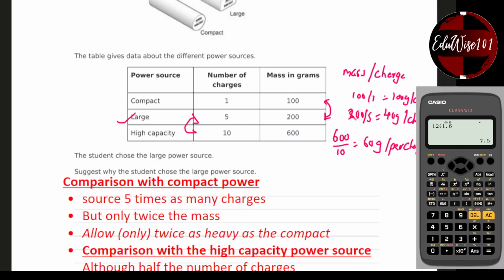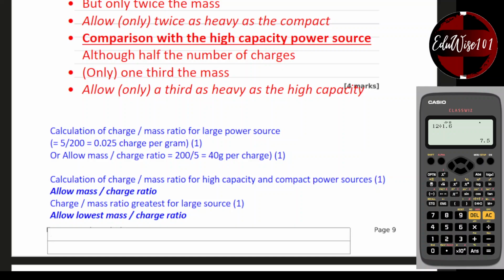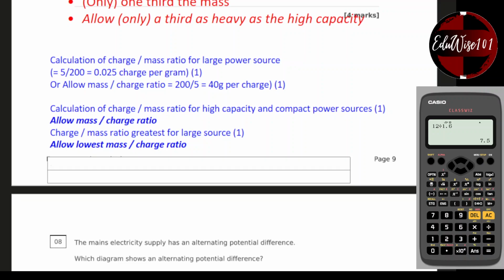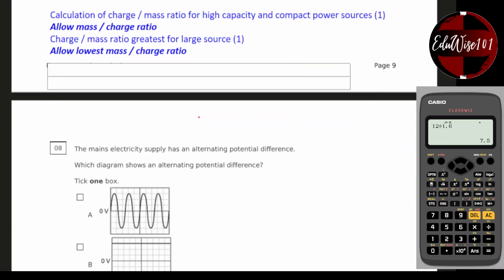So ideally, the second one is the best. So here's a different way of writing down the answer, comparing either the charge per gram, or you can describe it in terms of number of grams per charge.